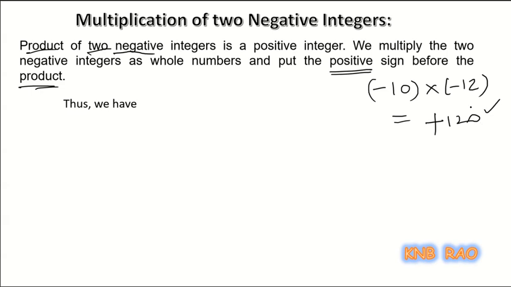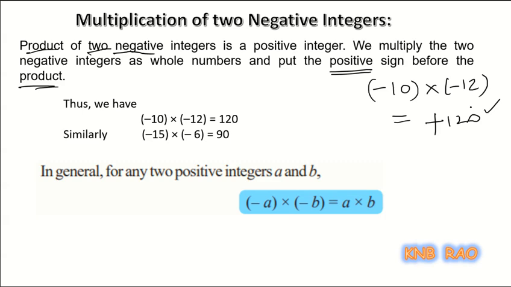That is what we will be summing up. And similarly, we can say minus 15 into minus 6 is plus 90. And as a generalization, minus a into minus b results as a into b.